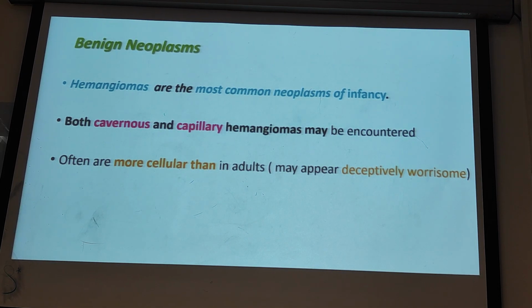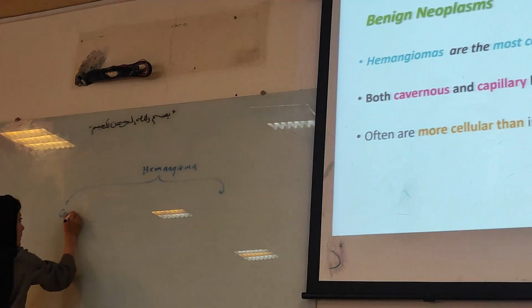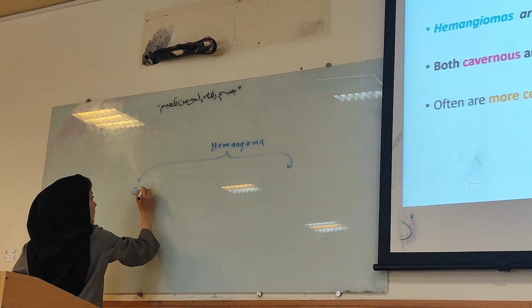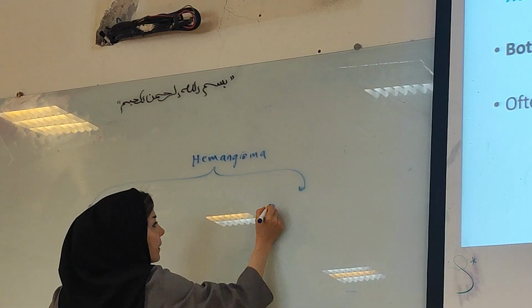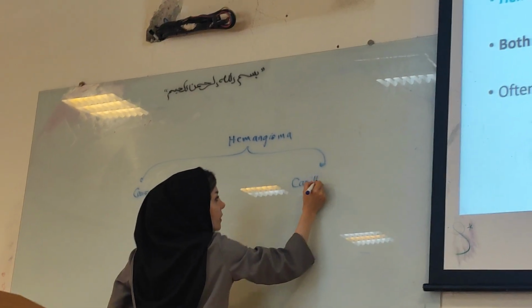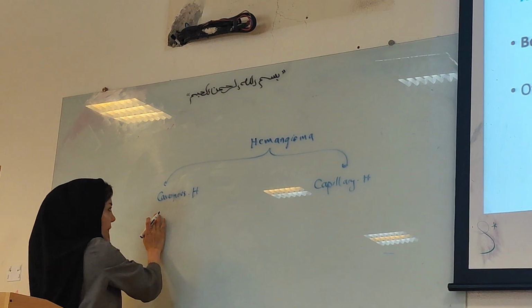Hemangioma may be cavernous hemangioma or capillary hemangioma. Which are the differences between them?